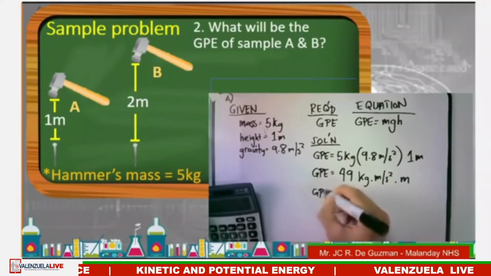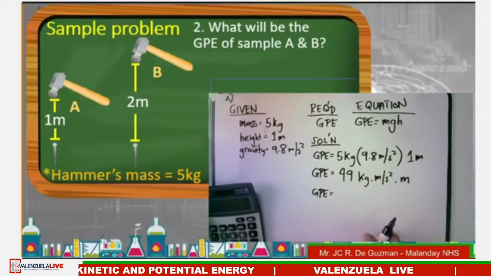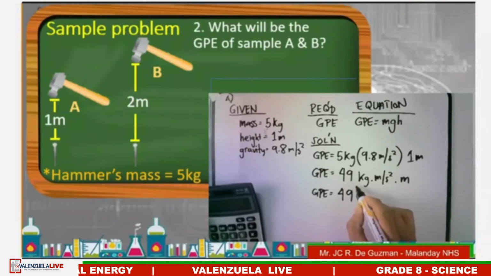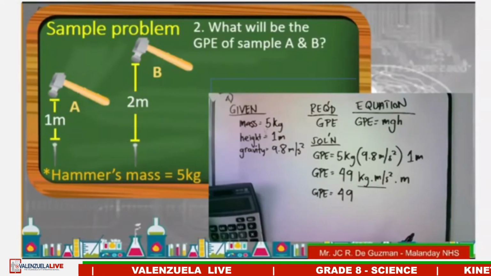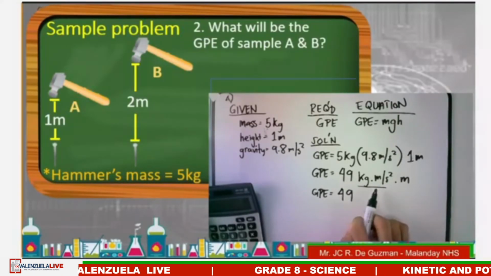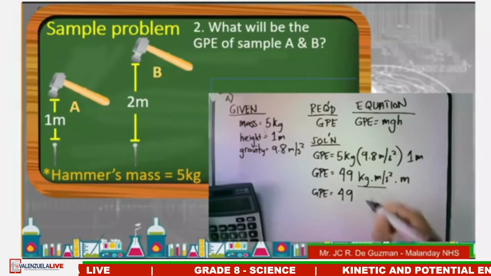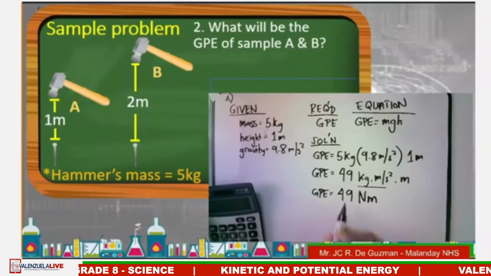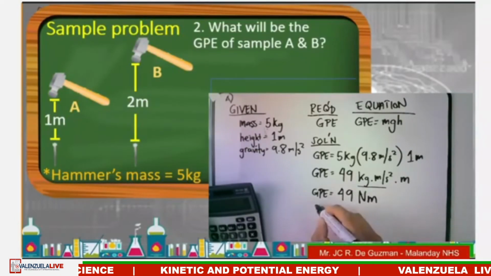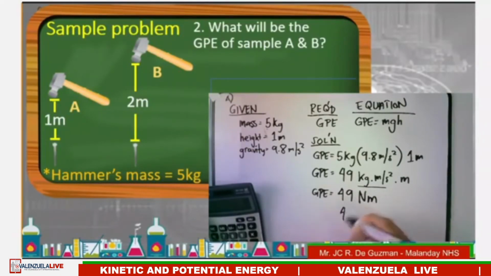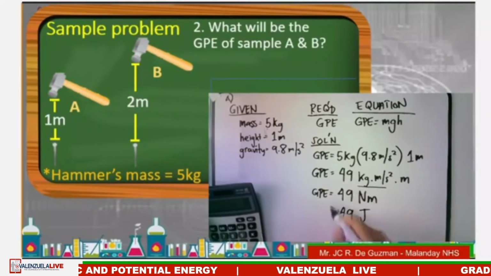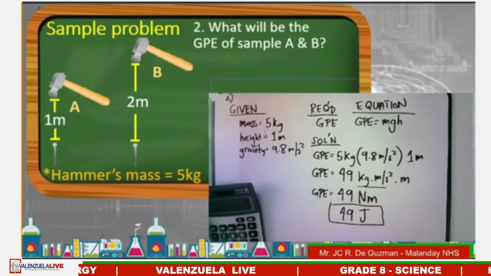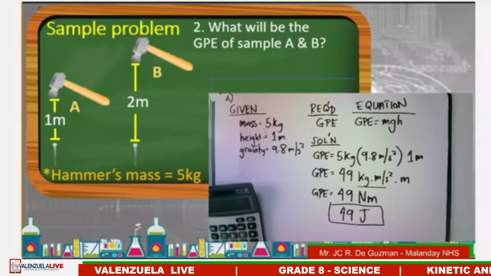The gravitational potential energy is equal to 49, and this formula might be familiar to you. This is the formula for, very good, Newton. So we have Newton times meter. So we have 49 Newton meter, or it could be 49 joules. That is the value of our gravitational potential energy. Get it?